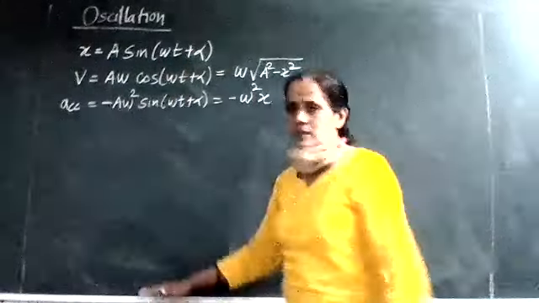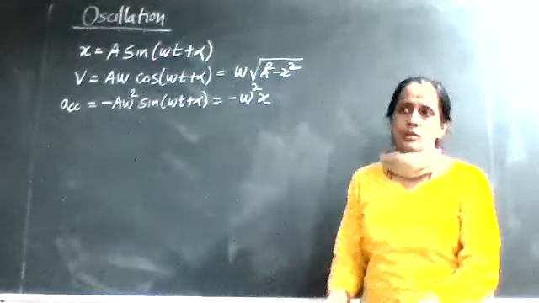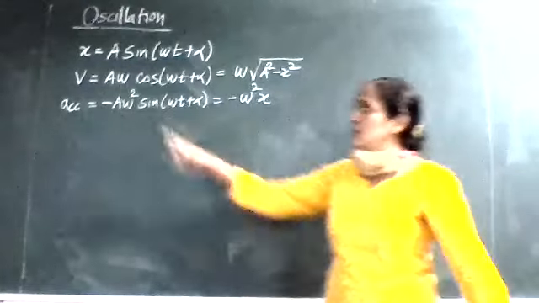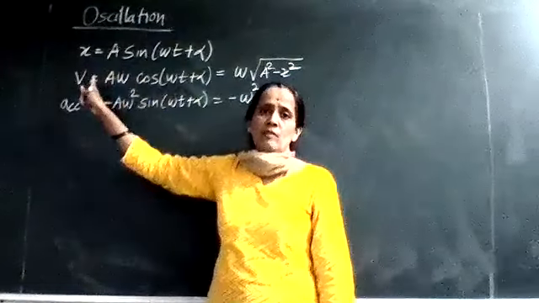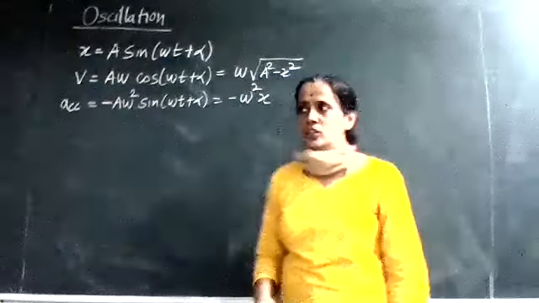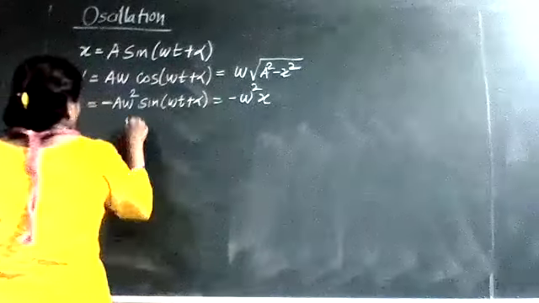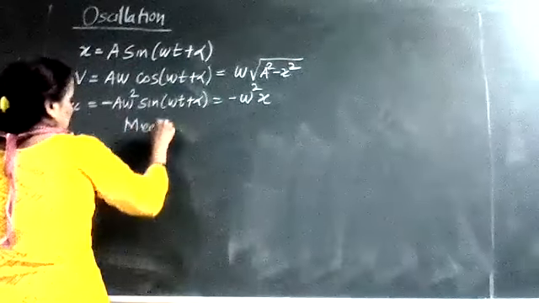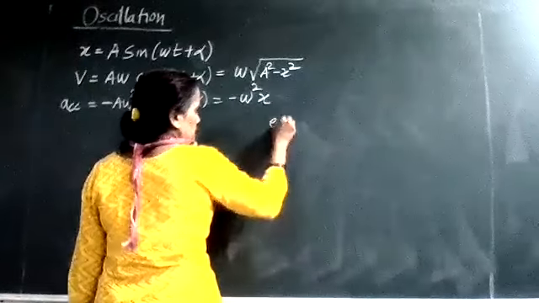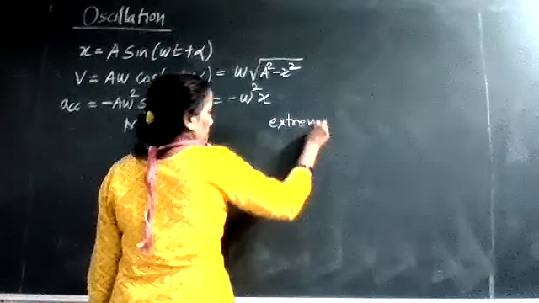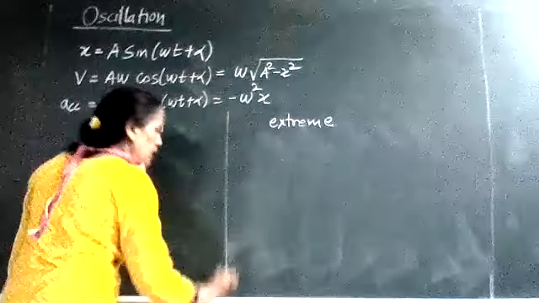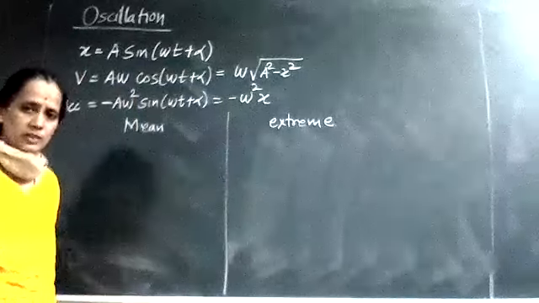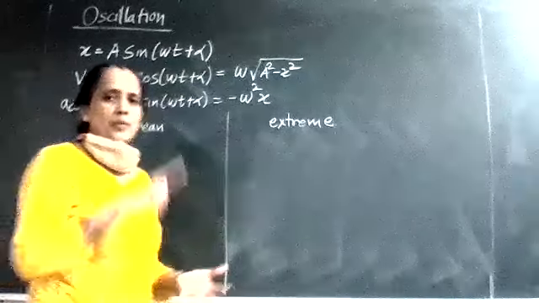Now from this, we can find out what will be the value of displacement, velocity and acceleration at mean position as well as at extreme position. And this chart is very important for your MCQ question, your numerical problem, your 1 mark question.